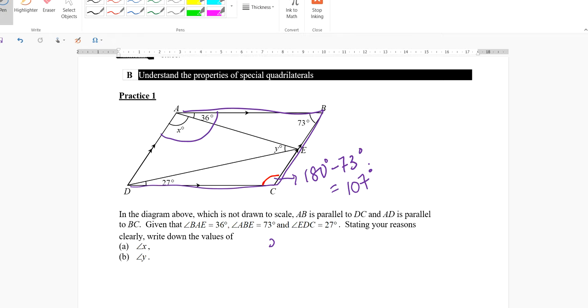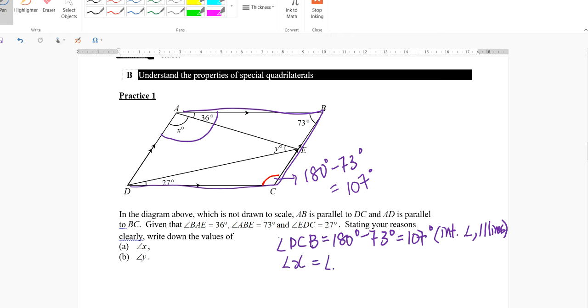So do you think you can find your angle x now? So this is what you should do. You find your angle of DCB. So you just say interior angle, parallel lines. So once you find your angle of DCB, you can find your angle x, which is equal to the angle of DCB, properties of a parallelogram.